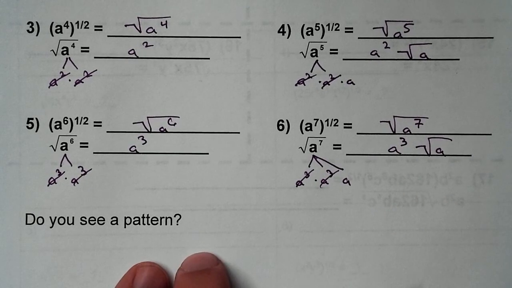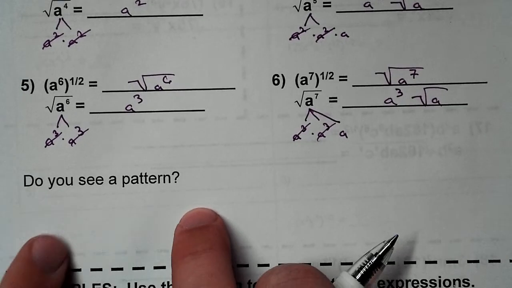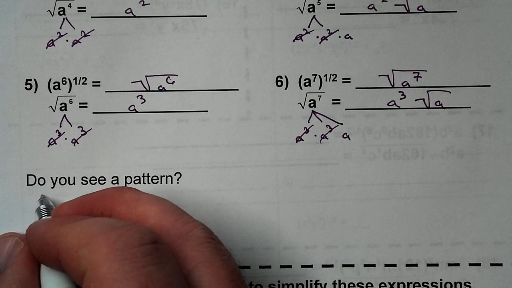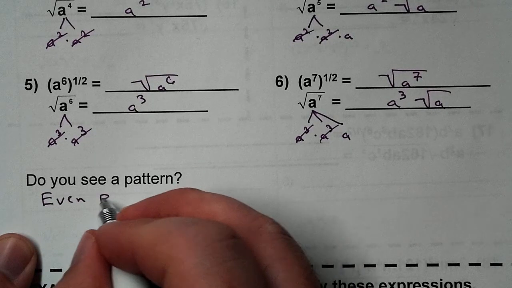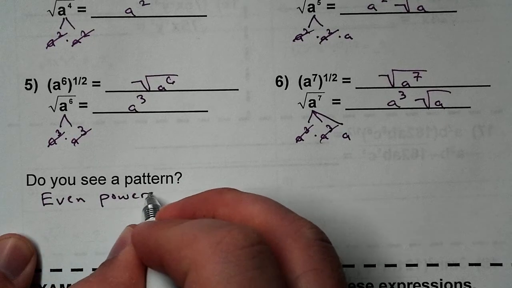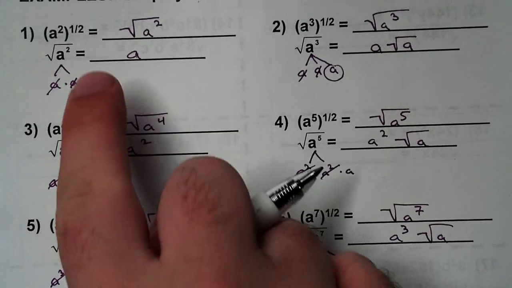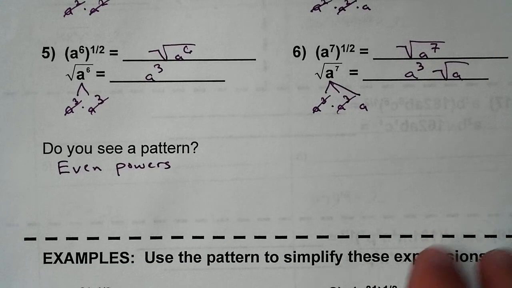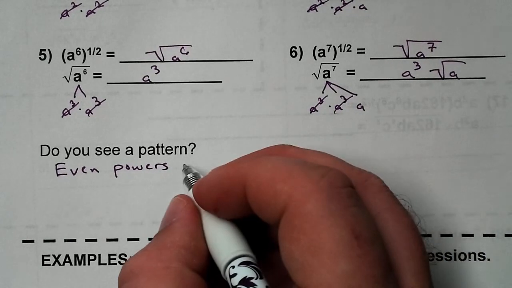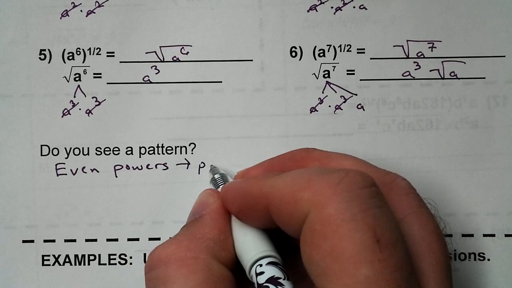So, the question is, do you see a pattern? If we have even powers, which is like power of 2, power of 4, power of 6, all you have to do, you will get perfect squares.